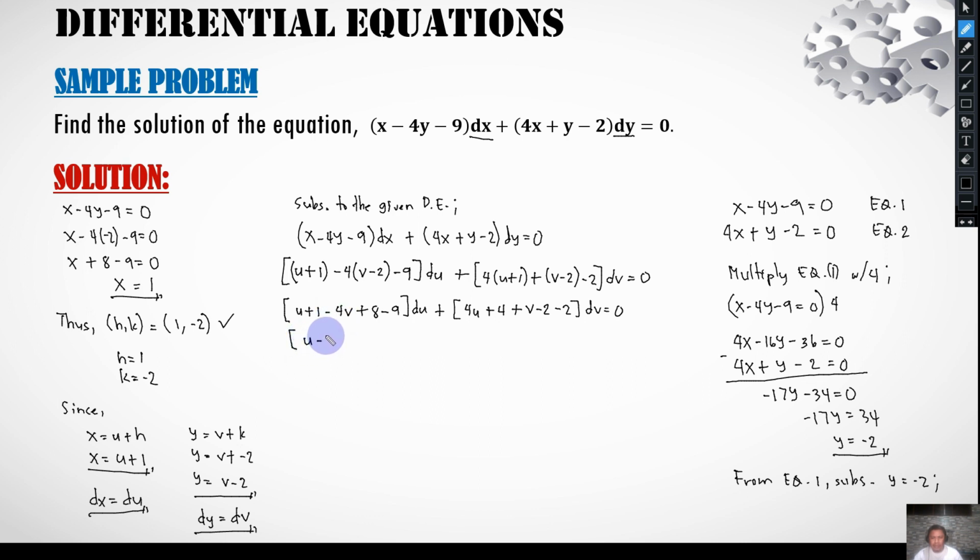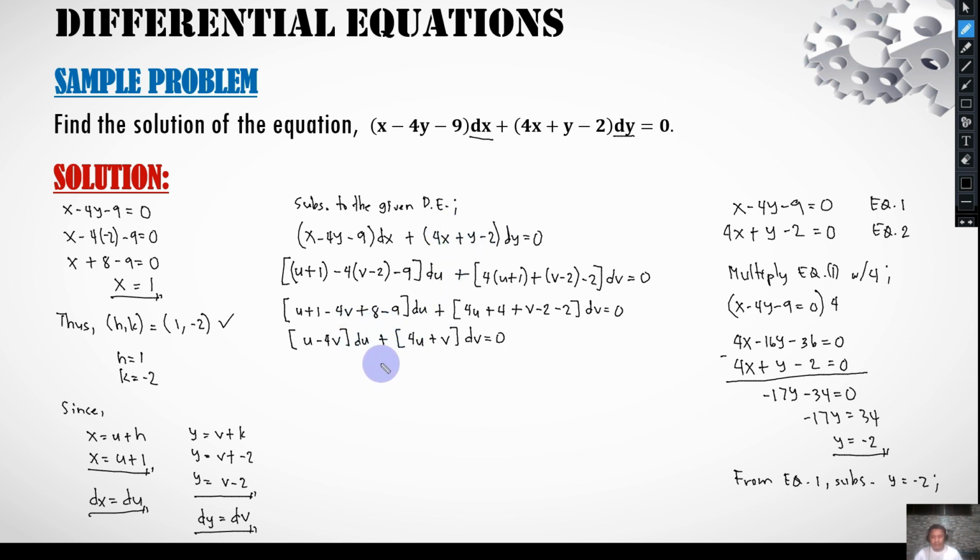So this is u minus 4v, and this is du plus, ito naman sa kabila, we have 4 at saka minus 2, minus 2. So 4 minus 4, kasi minus 4 na itong dito, so magka-cancel out siya. So ang matitira is 4u plus itong v na lang, students, plus your v, and this is dv is equal to 0. Okay, so I think we have simplified this one into this.